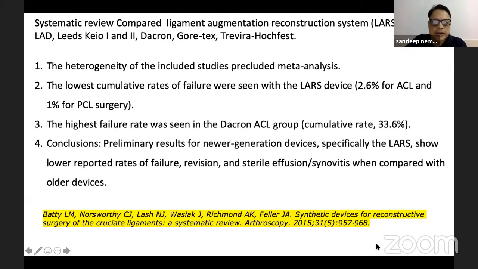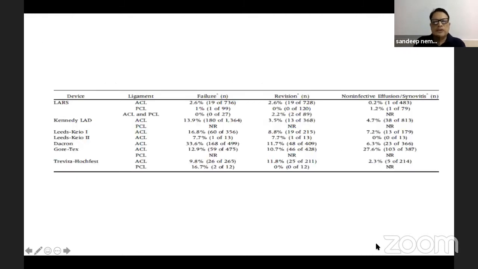The highest failure rates were seen in the Dacron ACL group, that is 3.6%. They concluded that the preliminary results for new generation devices, specifically Lars, show lower reported rates of failure, revision, and sterile effusion. This is a table which essentially emphasizes the same.